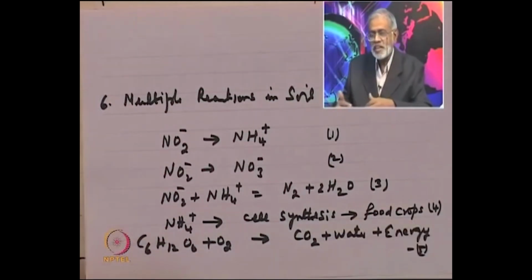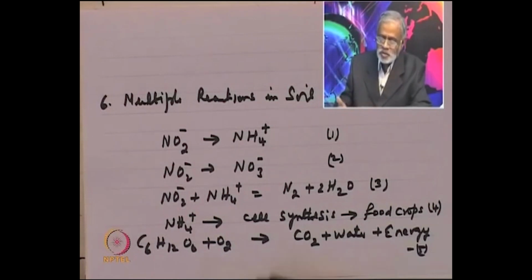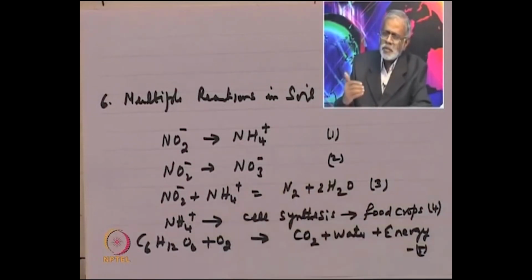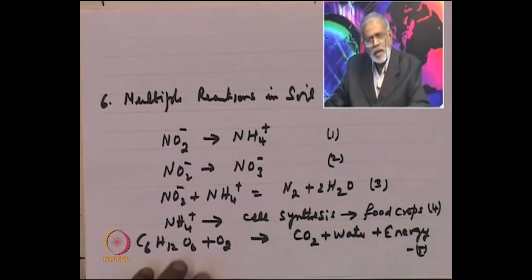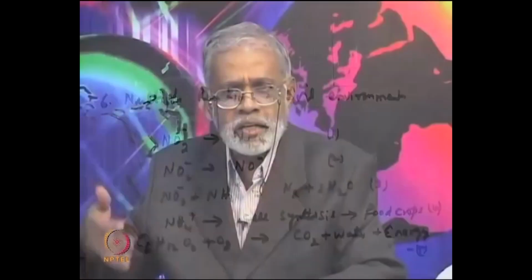These kinds of interlinkages we can understand by doing some simple experiments on multiple reactions using a soil environment in a laboratory. You do not have to go into the field, and you will find that you are able to get results which explain what happens in different parts of the world, giving you a feel for how fairly simple experiments done in a laboratory, which do not cost you a lot, give you an insight into very complex happenings in agriculture, plantation crops in the world, and so on.